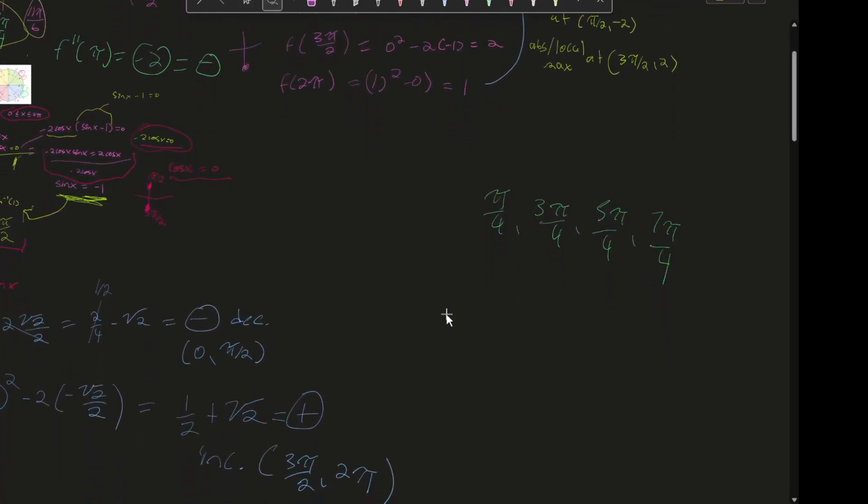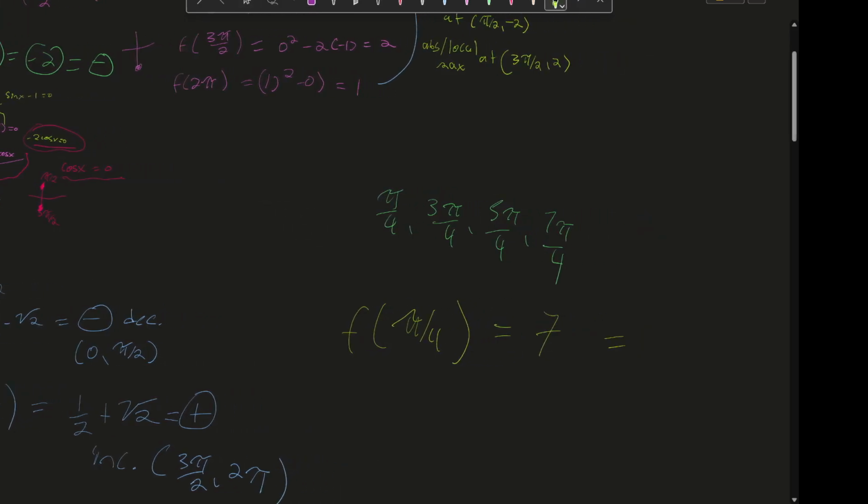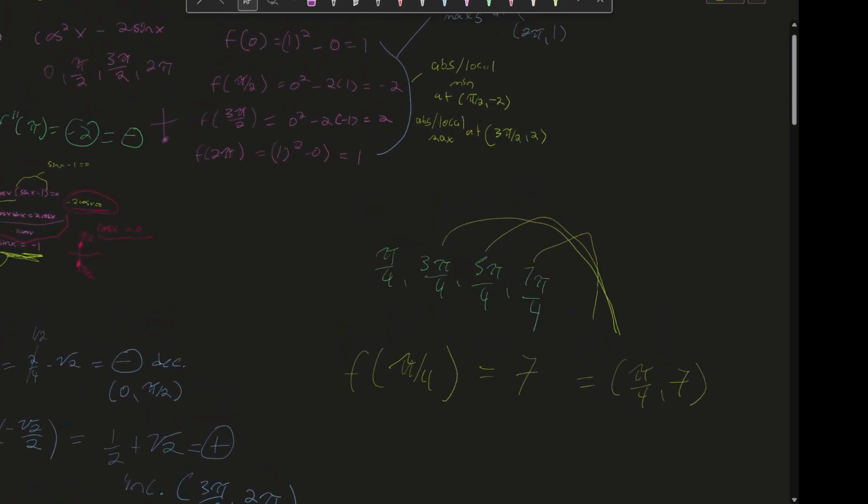So f of pi over 4 equals, I don't know, 7. It's not 7, but that's how you do it. Then you say you have an inflection point at that ordered pair, and do the same thing with the other three options. Plug all of those into your original function, get your y value, state your inflection points, and then you're done.